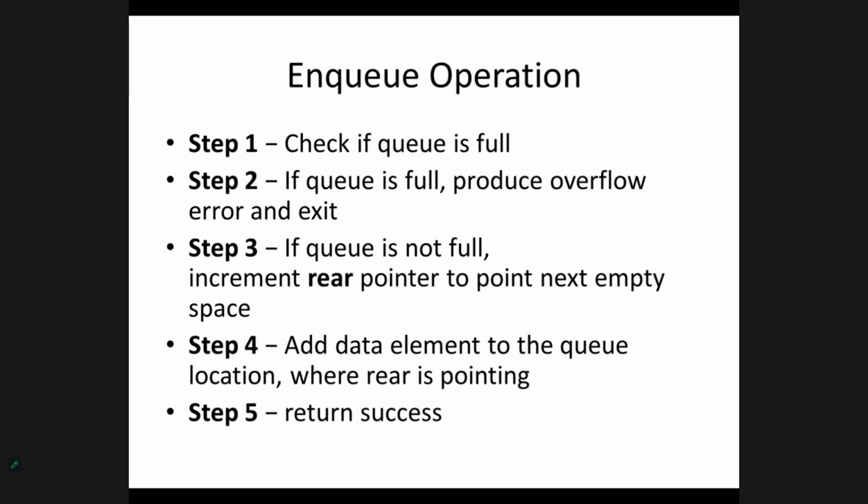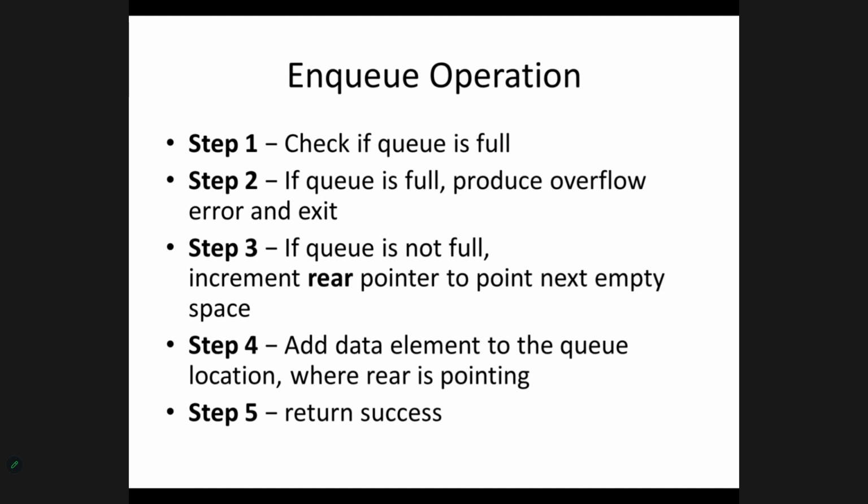And then add the data element to the queue location where rear is pointing. Once we identify the new rear pointer, we insert the data element at the new rear, and then return success. So there are 5 steps. First, check if the queue is full.